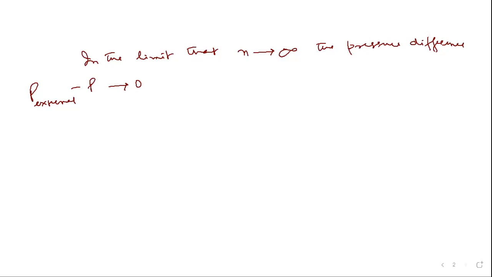The difference between the expansion and the compression processes results from the requirement that P external is less than P at the beginning of each expansion step, whereas P external is greater than P at the beginning of each compression step, right? The conclusion is, what is the conclusion?